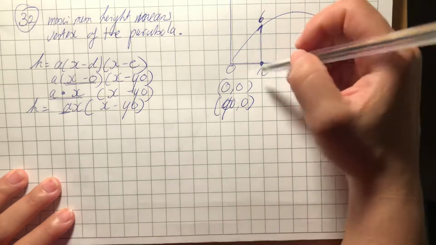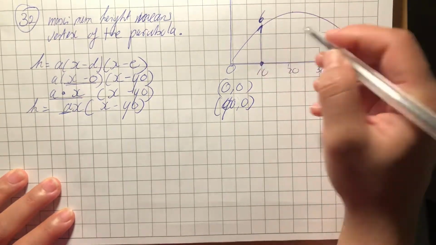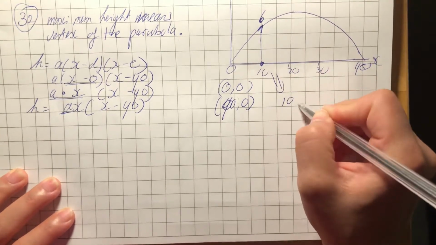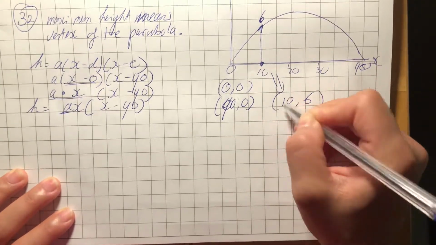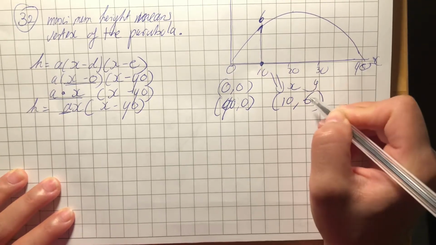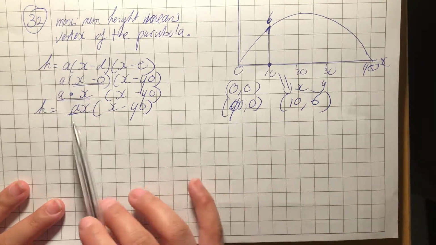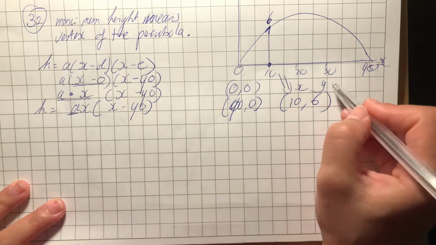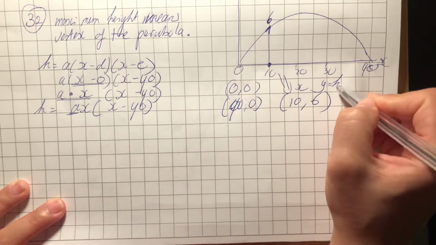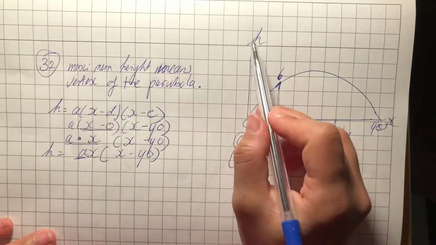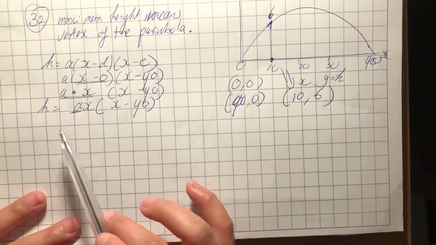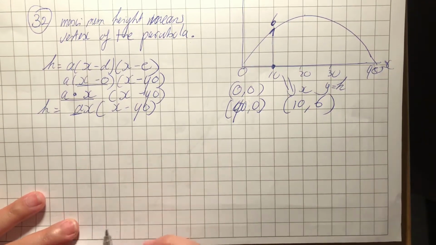Now, remember, you have other coordinates. You got this coordinate 10, 6. This is the x, this is the y. So what you can do is you can fill it here. This is the y, okay, but in this case it's an h, because we're working with another letter. So we can fill it into the formula.